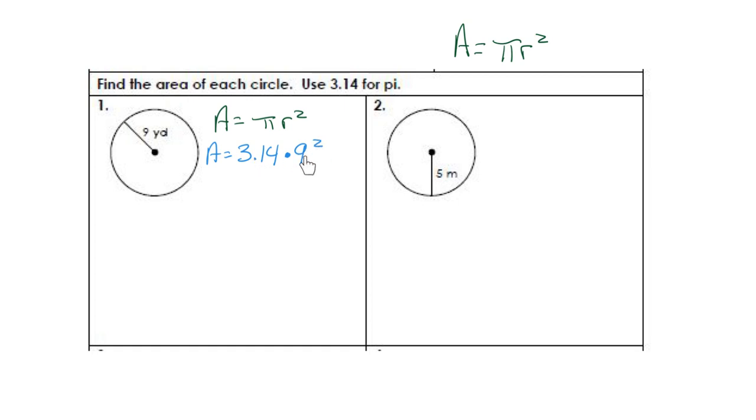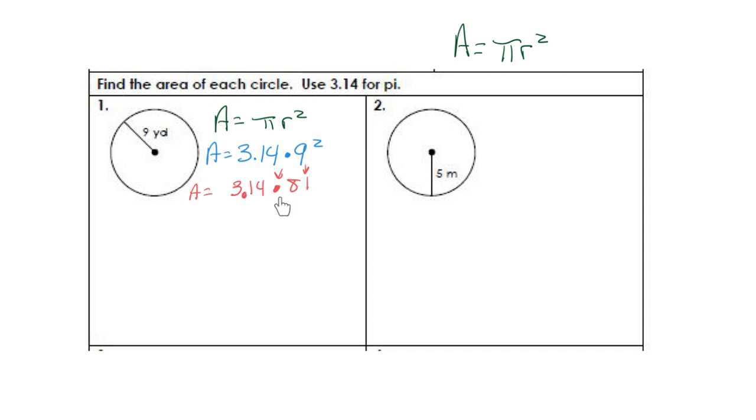So 9 times 9 is what that means. So 9 squared, it's 9 times 9. And if you remember that one, 9 times 9 is 81. So this goes here, and then just bring the rest of the information down. So times 3.14 still is A equals.